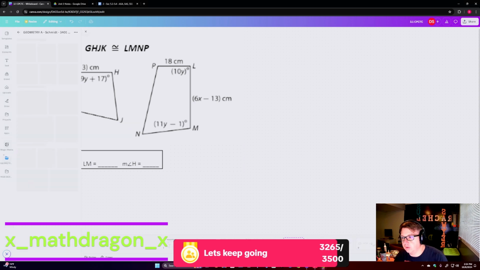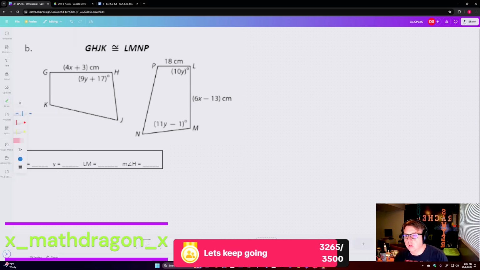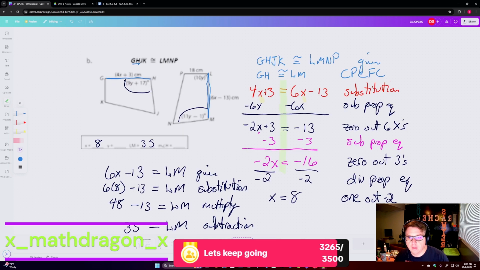Alright, so we're going to finish round 2. We sort of left off with... Let's go back real quick. This problem right here, where we talked about sides being congruent to the other side, so setting them equal, solving for the variable, then plugging that variable back in.